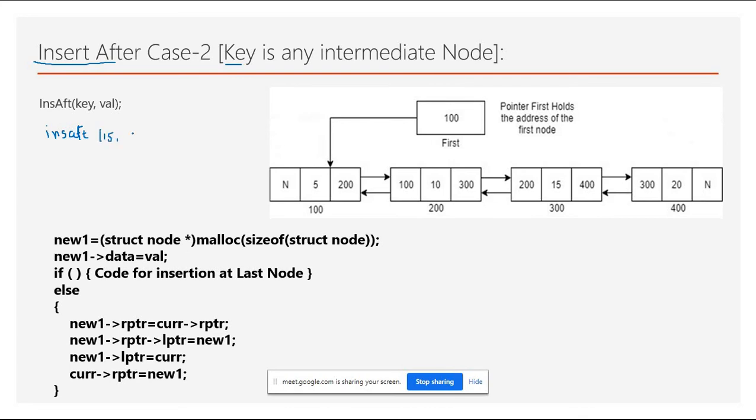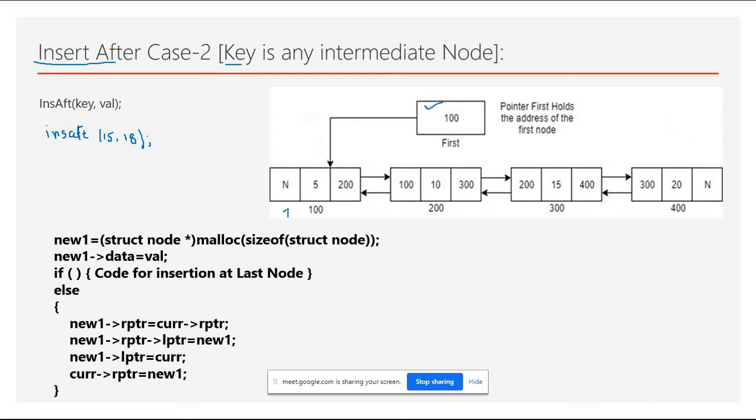I just have to insert 18, for example. Okay, so what you need to do, obviously in this case again, we will check whether first is null. If first is null, obviously we are just showing the message: first create the linked list, then come out from that function. If it is not, then we will search for the key value.